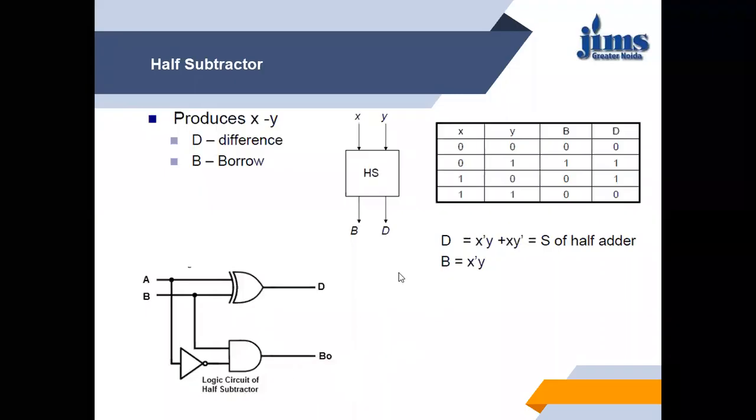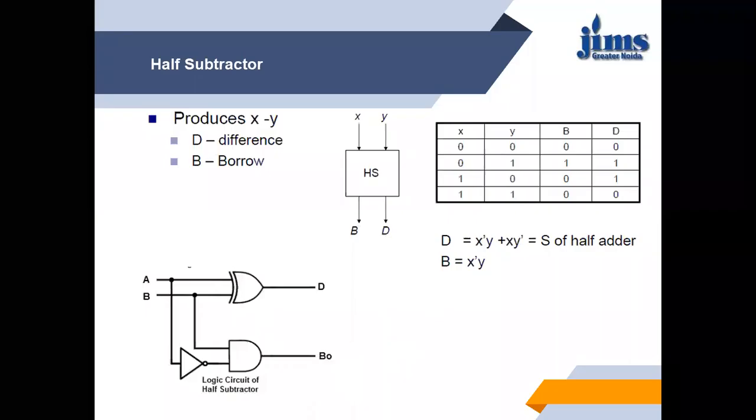Similarly, we can construct a full subtractor, and the operation will be x minus y minus z. So z is the previous Borrow. When we draw the truth table, it will be much easier to see how this operation is obtained.